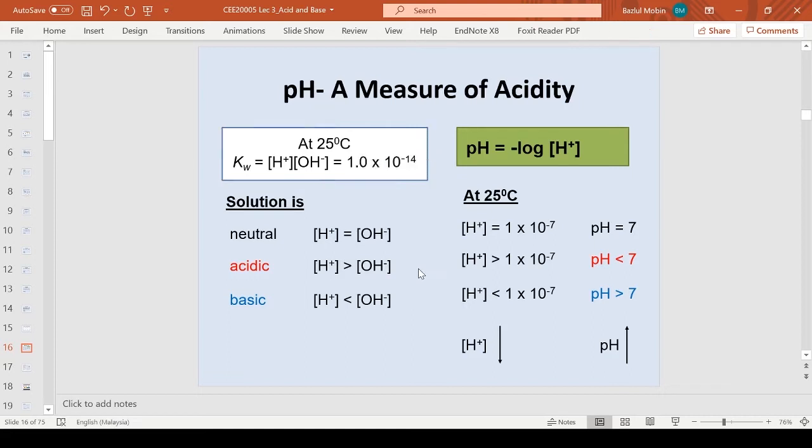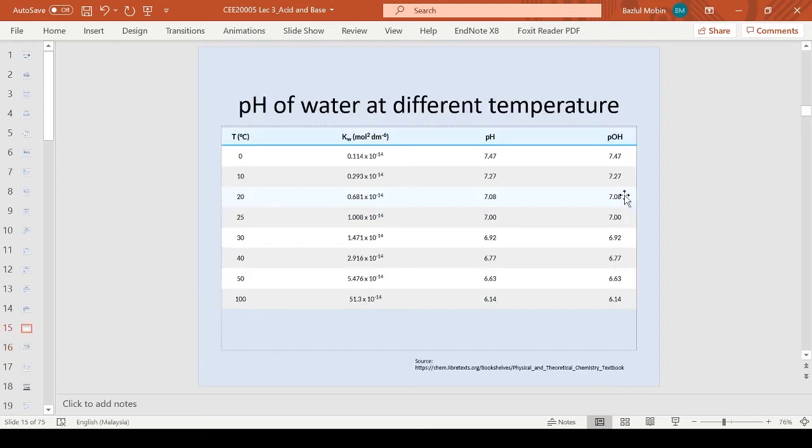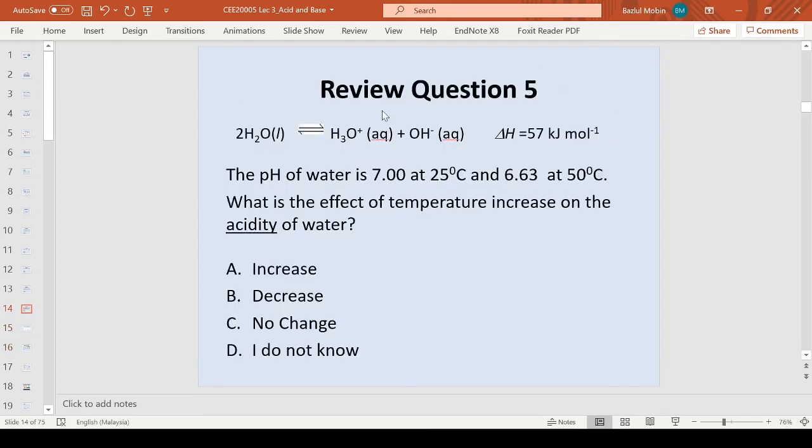So for a neutral solution, here we can consider hydrogen ion, but just now we have seen hydronium ion for water.